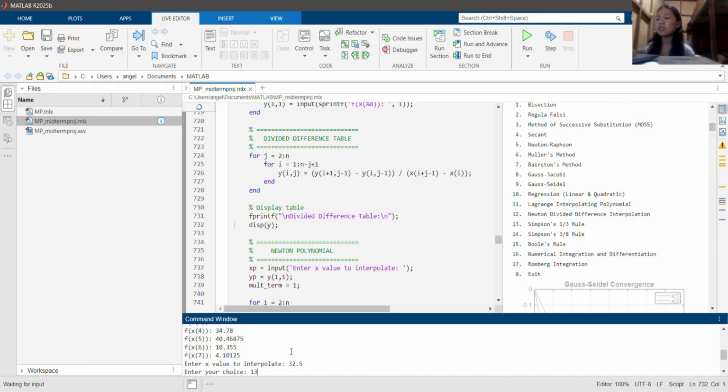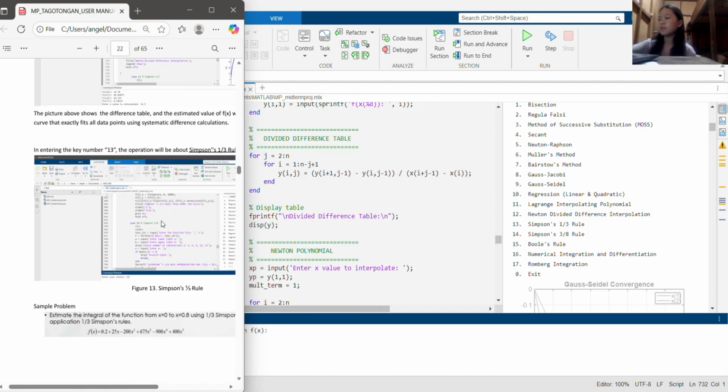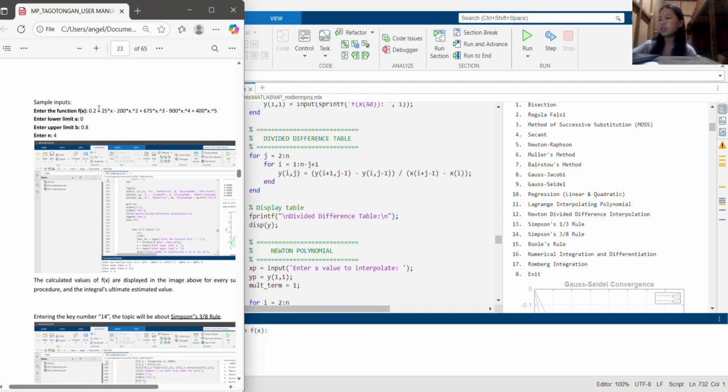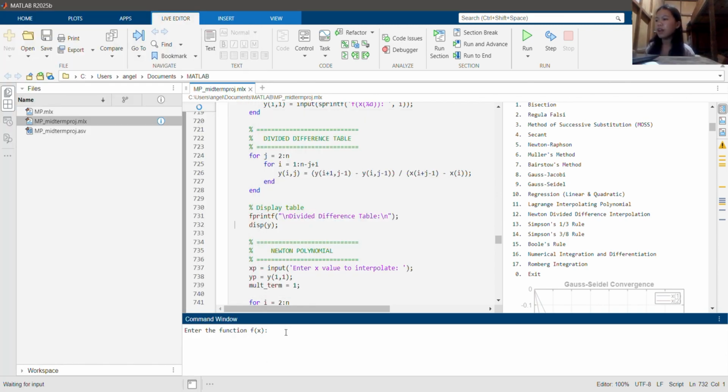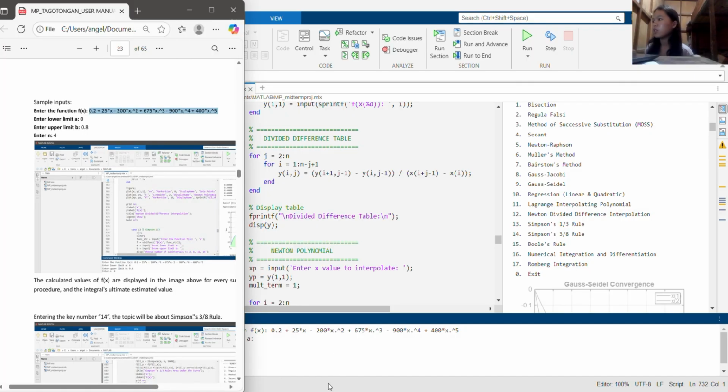And then next is Simpson's 1/3 rule, which is number 13 in our choices. We're going to enter the function.